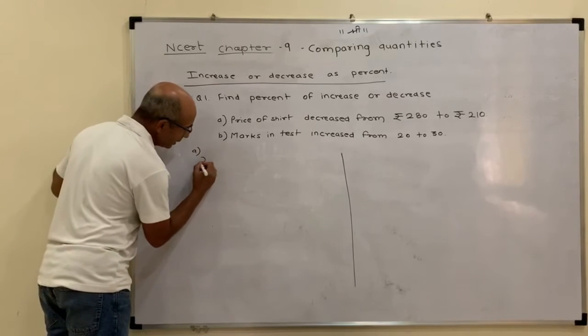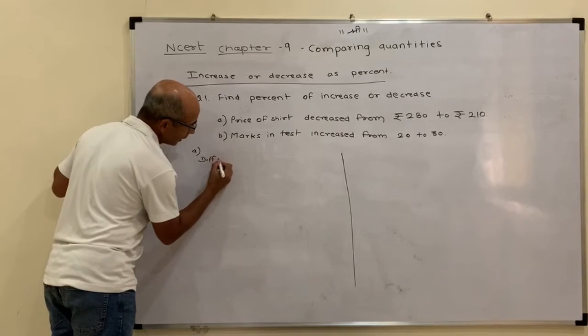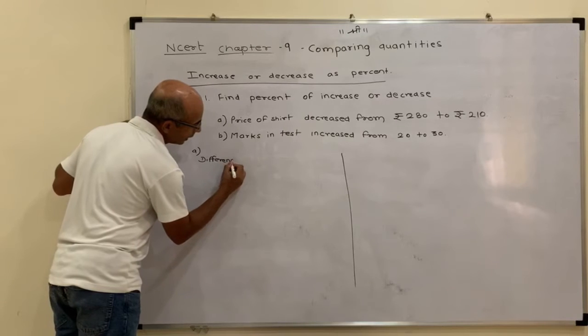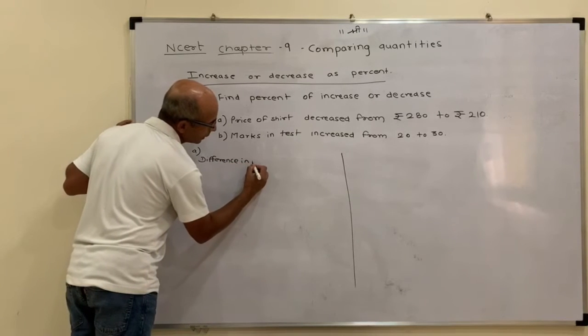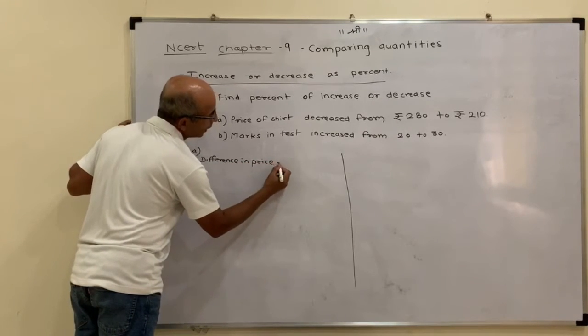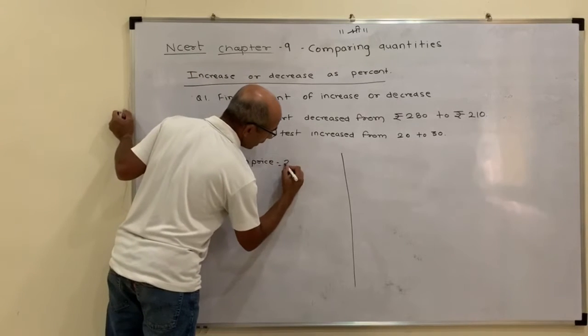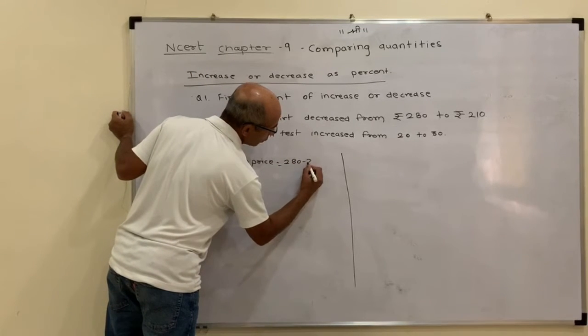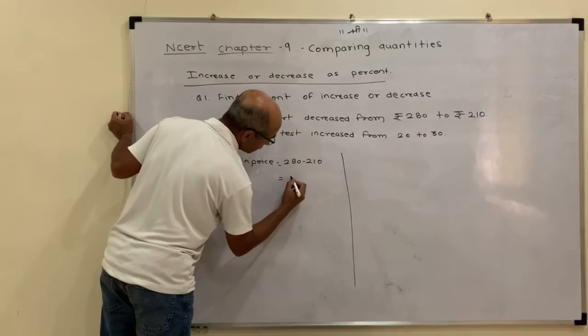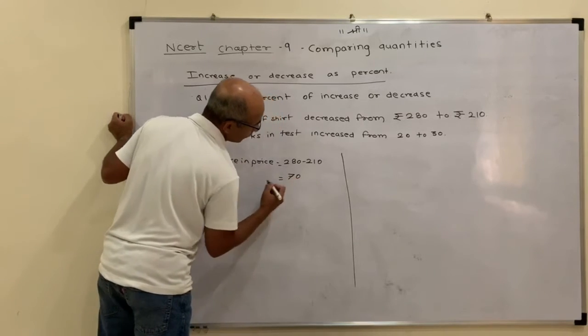So difference in price is equal to 280 minus 210, that comes out to be 70.